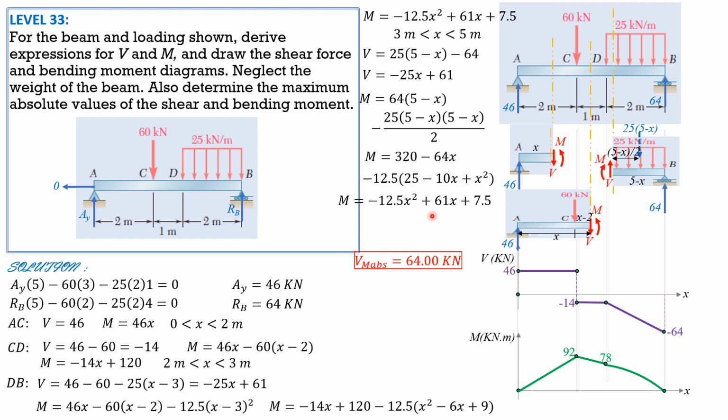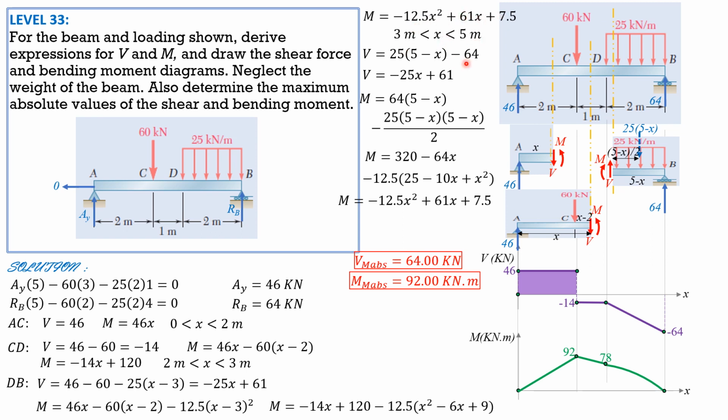Simplifying, moment is 320 minus 64x minus 12.5 times 25 minus 10x plus x squared. So combining like terms and simplifying, you will get the same result as this.